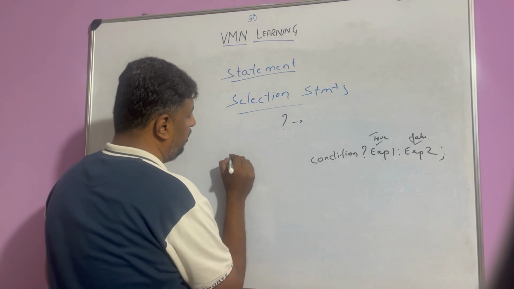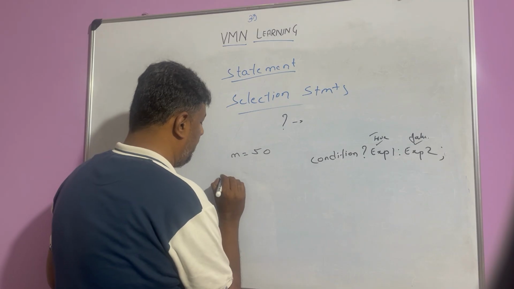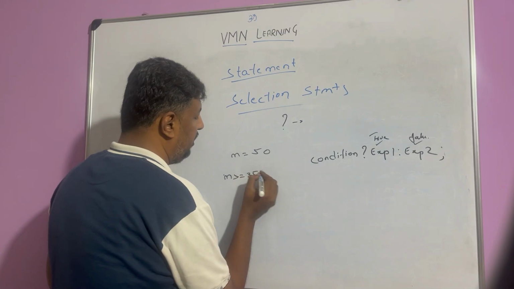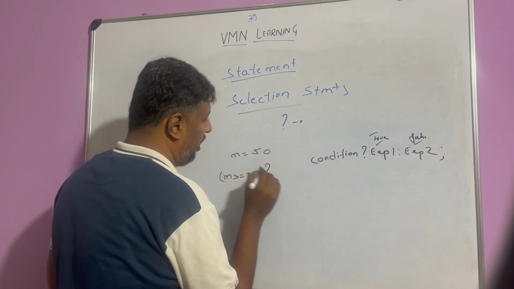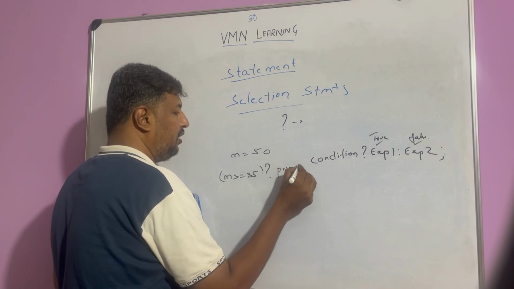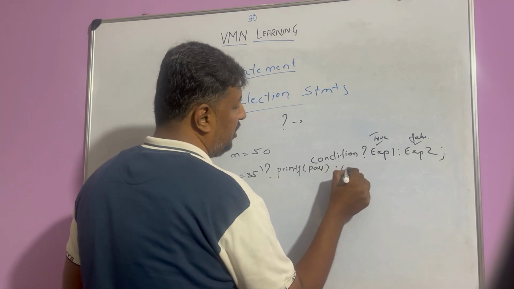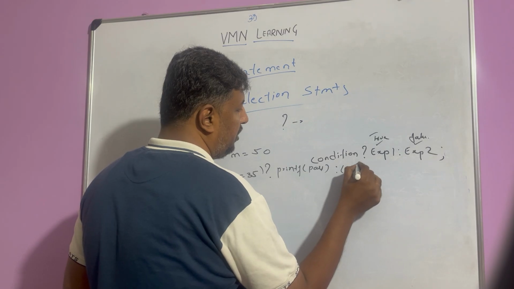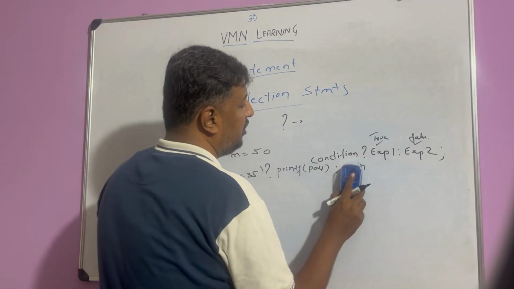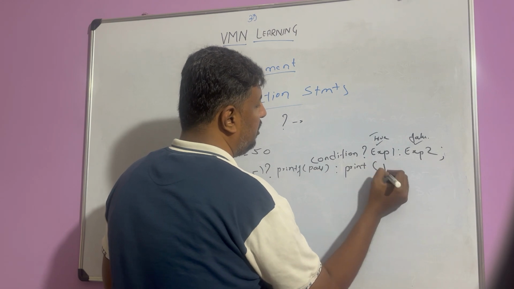Say marks is equal to 50. If marks greater than equal to 35, question mark, then print pass, else print fail.